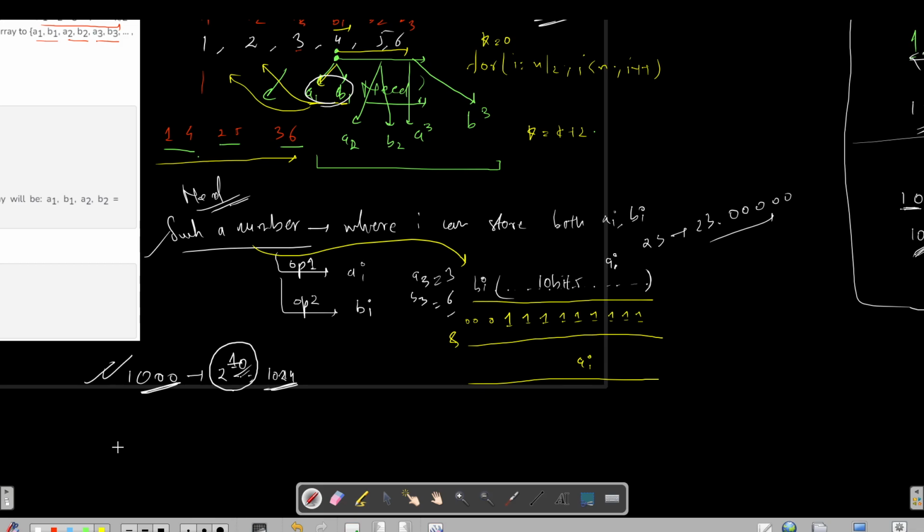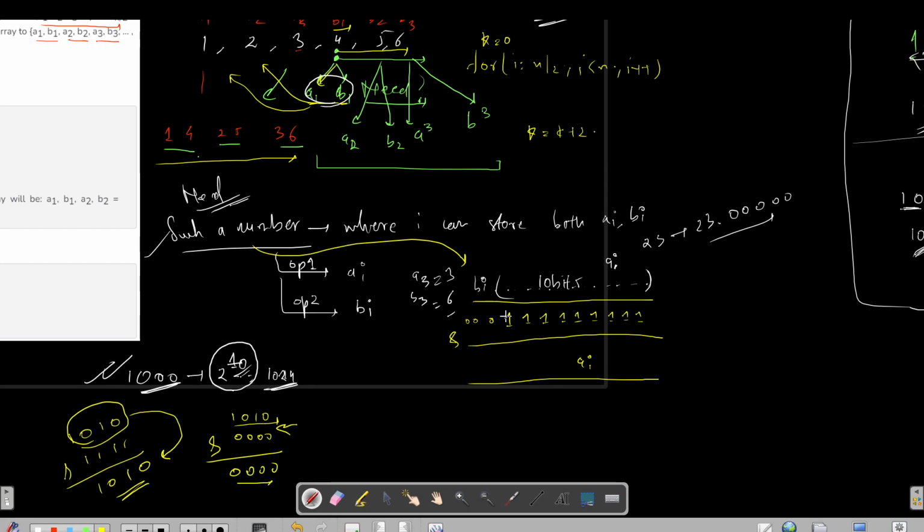I am saying it would be AI. Why am I saying that? Let's understand with an example. Say we have some random binary representation, let's say 1010. If I AND all of these with 1, what will happen? We get 0 1 0 1. Now if you see, if I am doing AND with all the bits as 1, the same value remains in the answer, right? And if I AND any integer with 0, then I will definitely get 0, because when one value is 0, the other bit can be anything, it does not matter, the final answer would be 0. So that is why I will place 10 ones so that I can retrieve the AI part, and I am placing zeros for all the BI parts so that I receive 0.